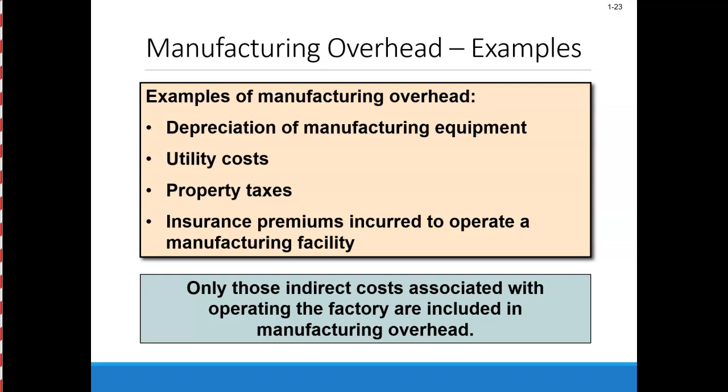If they are starting the manufacturing company and they're purchasing the equipment, we would wait until the factory starts before we start depreciating it. But that equipment, the manufacturing equipment, would be part of manufacturing overhead.